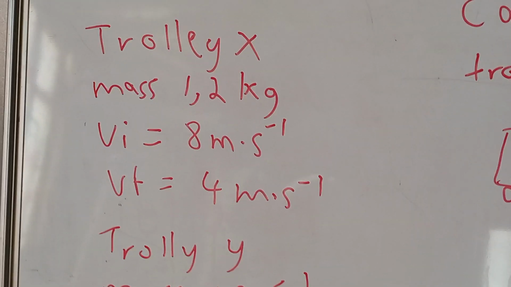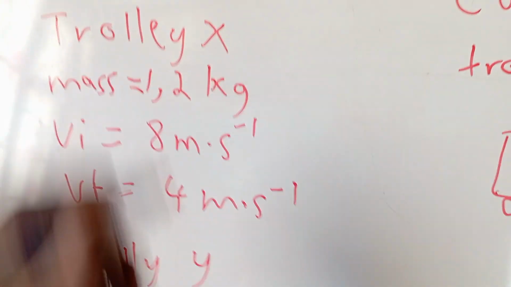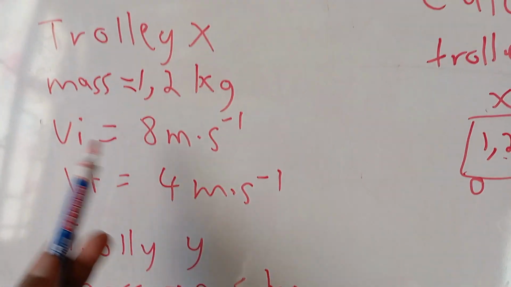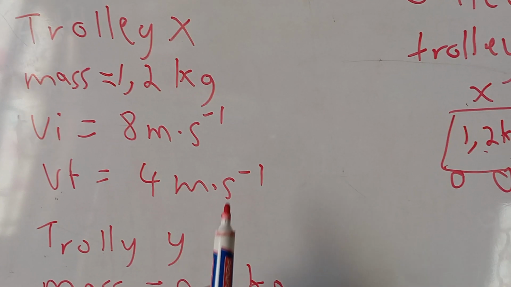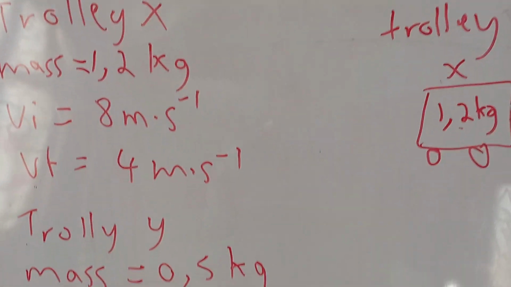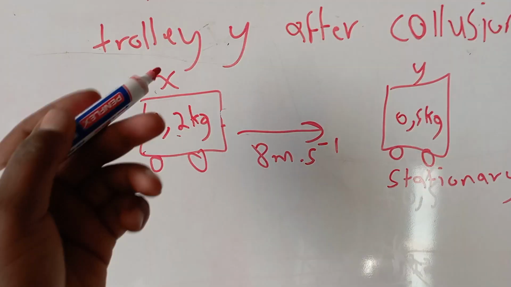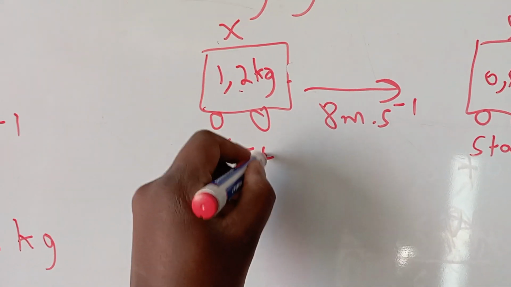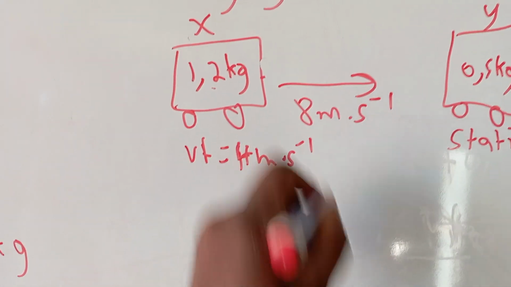What we have for trolley X is the mass, which is equal to 1.2 kg. Then we have the initial velocity VI, which is 8 meters per second. Then we have the final velocity, which is 4 meters per second. We are told that after collision, trolley X has a final velocity VF equal to 4 meters per second.